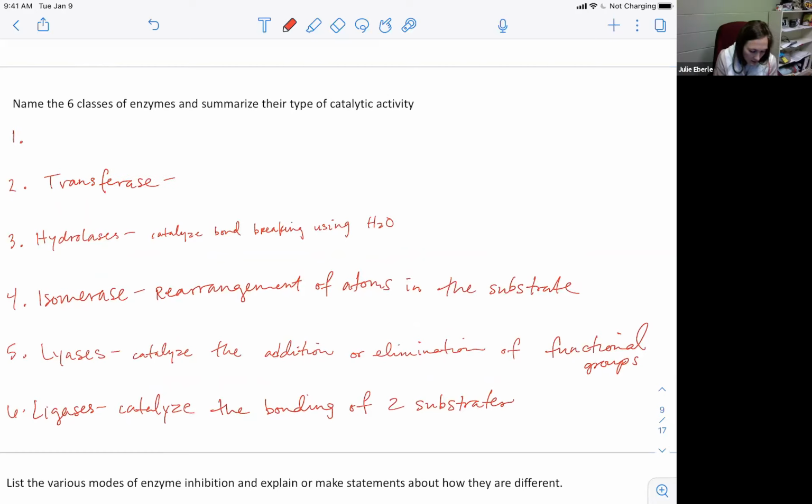These catalyze the transfer of functional groups. So this is where you have your kinases, they phosphorylate.